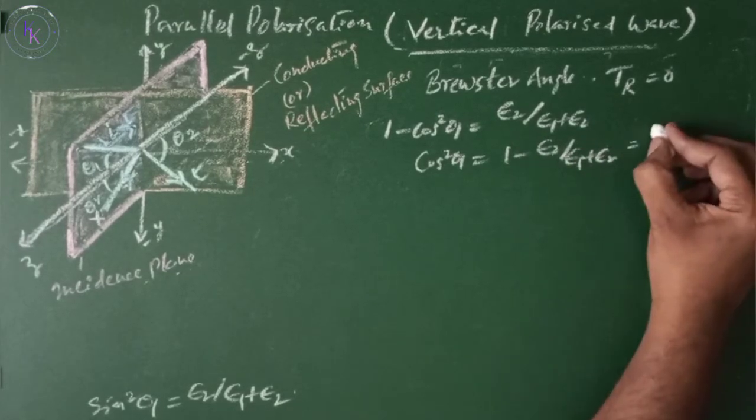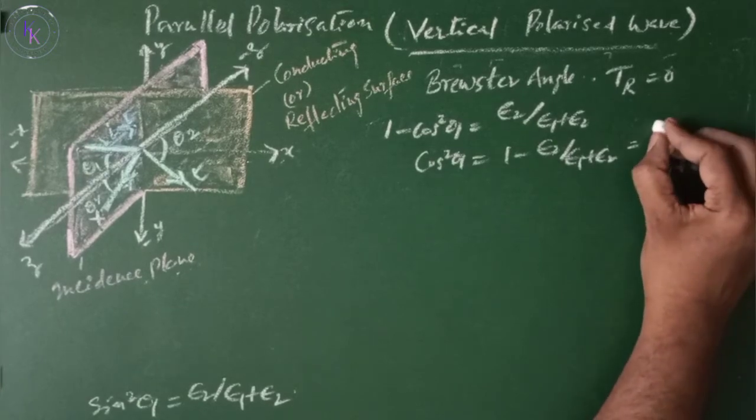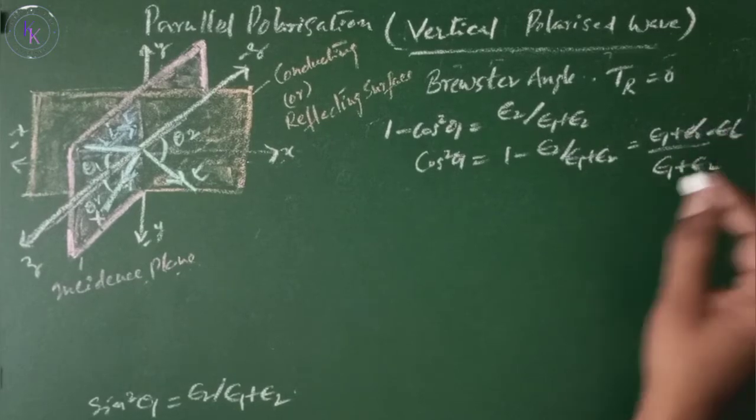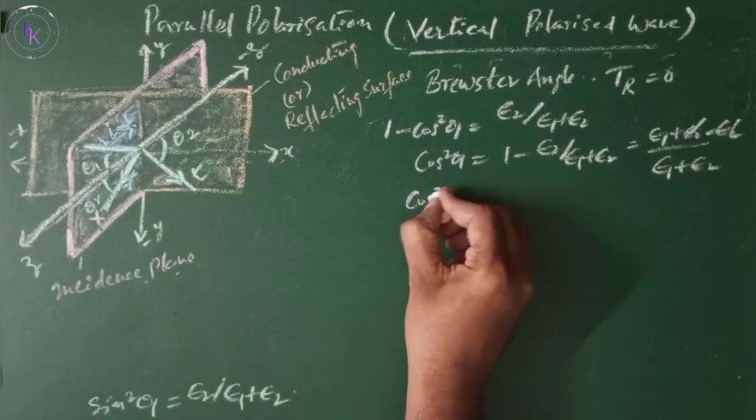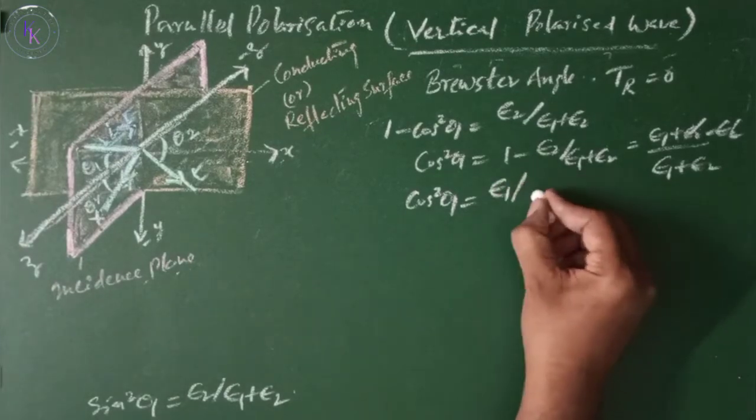Now taking the LCM, you get (ε1 plus ε2 minus ε2) over (ε1 plus ε2). ε2 gets cancelled, then cos²θ1 equals ε1 divided by (ε1 plus ε2).